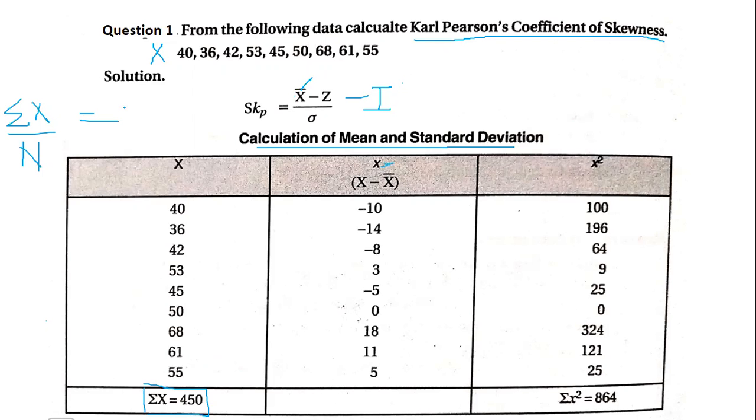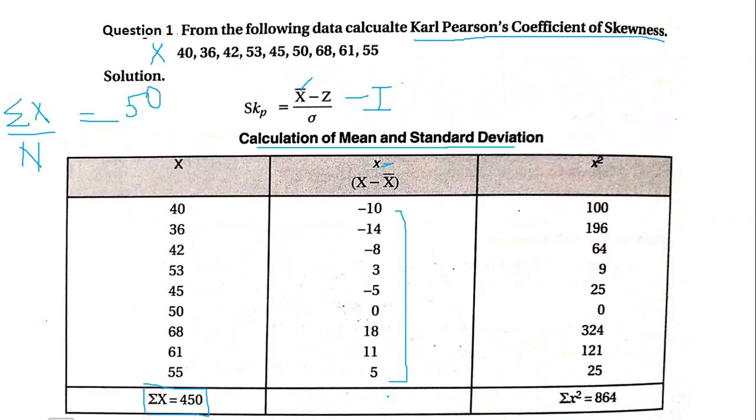Now I'll find the deviations. 40 minus 50 is minus 10. 36 minus 50 is minus 14. 42 minus 50 is minus 8. 53 minus 50 is plus 3, 45 minus 50 is minus 5, 50 minus 50 is 0. Likewise, I calculate for all of them, so I find the deviations completely.